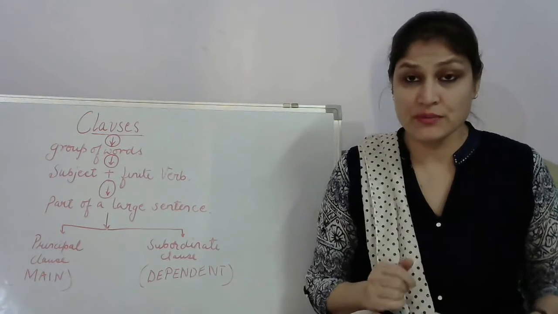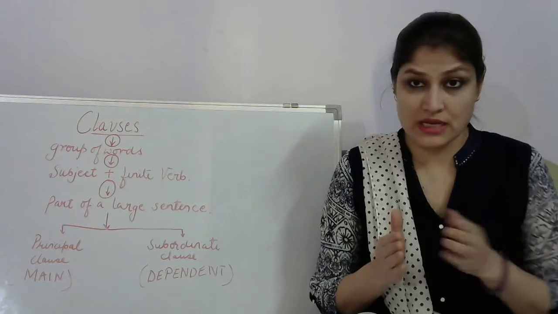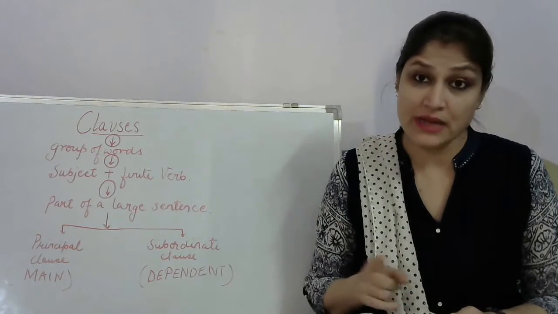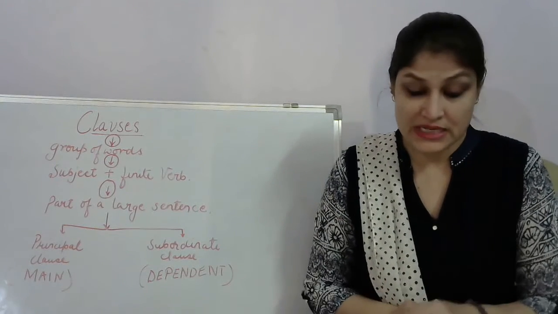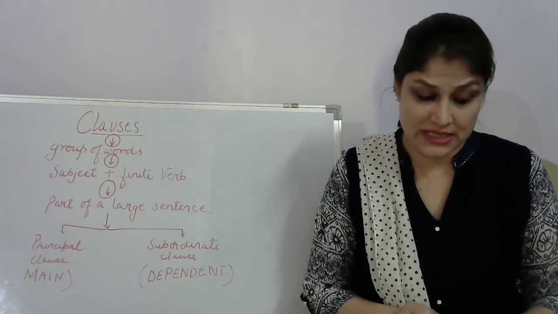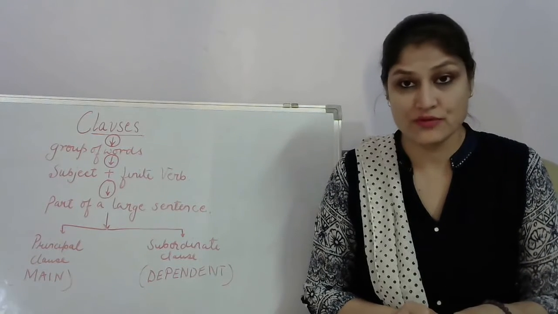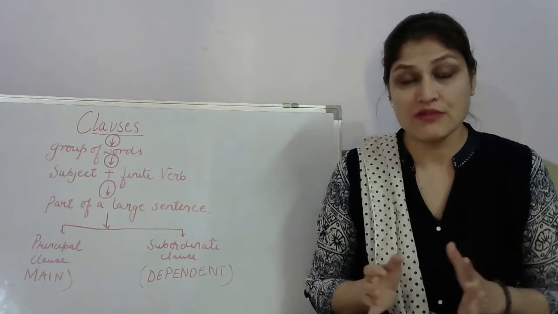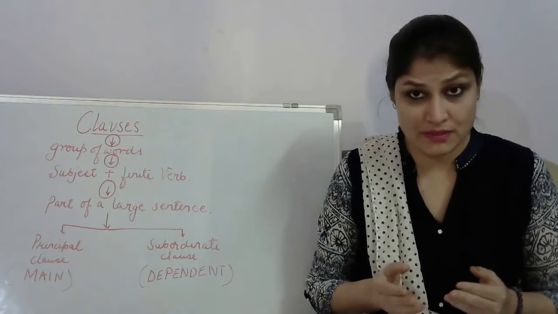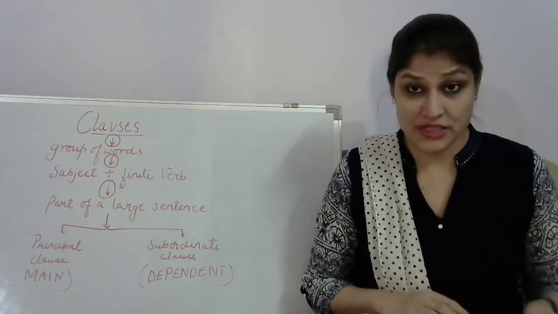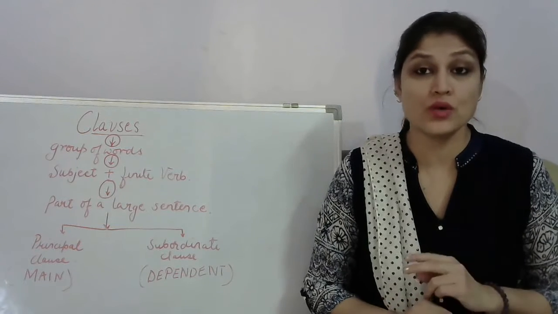But if you remove "this is the house", then the other part of the sentence, "which was built by my father", is part of a larger sentence and is not complete by itself. It is therefore a clause. That means half part of the sentence that is not complete, right? That is your clause. But it should have a subject and a verb.